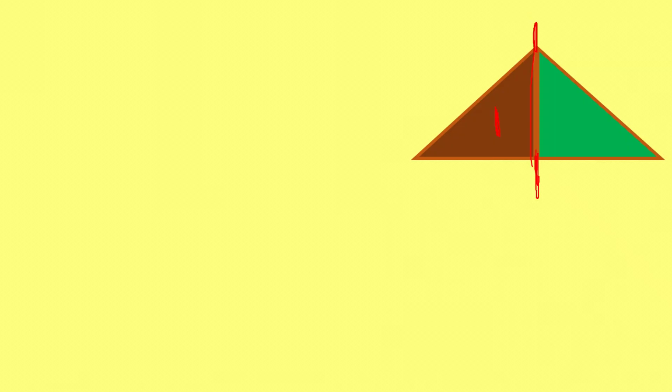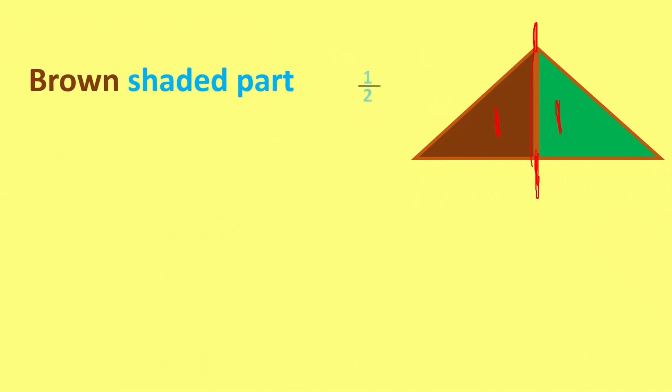The first part is here and the other part is here. So we got two parts from a whole. So how do we represent it in mathematical terms and also in proper fractional number terms? It's like that. The brown shaded part is half. Don't forget to use the equal symbol.